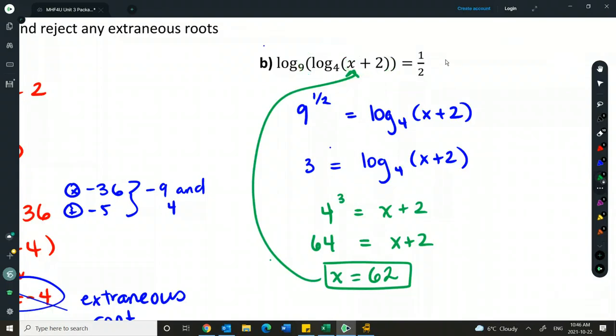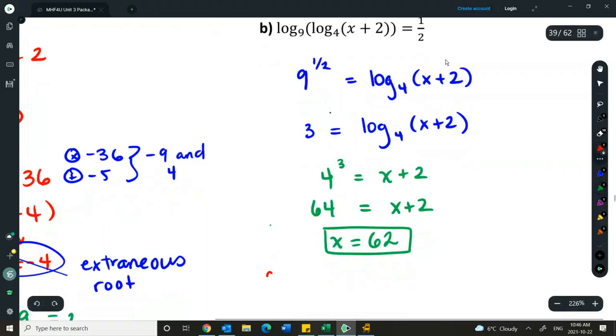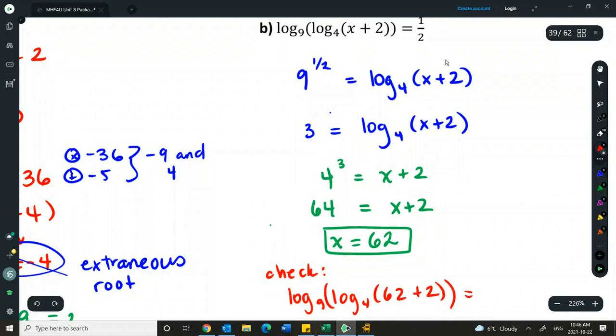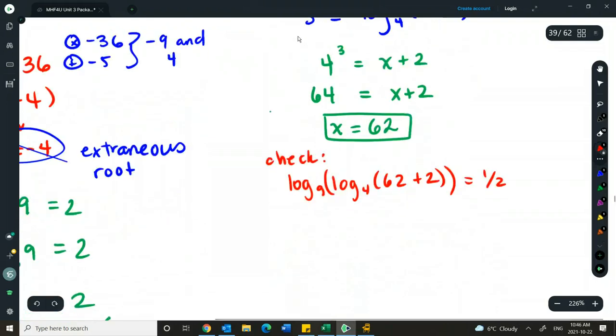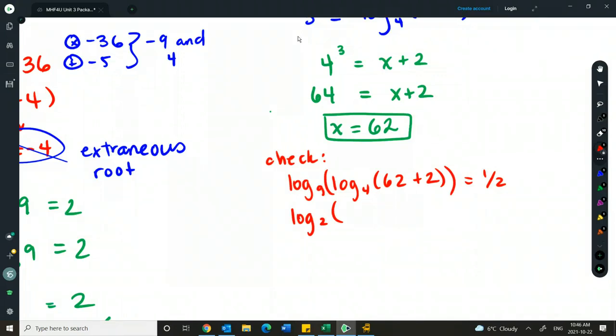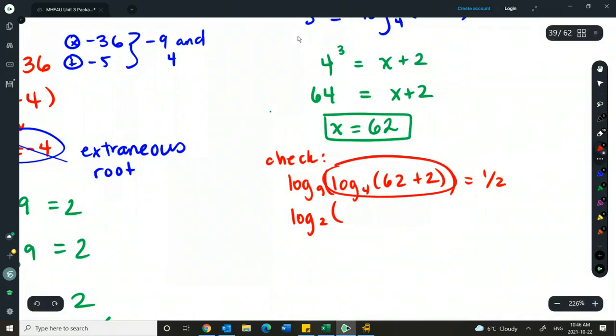So if I do the log base 4 of 62 plus 2, so 62 plus 2 equals 64. Log base 4 of 64, what does that equal? 4 to what exponent equals 64? 3, so this will be 3.